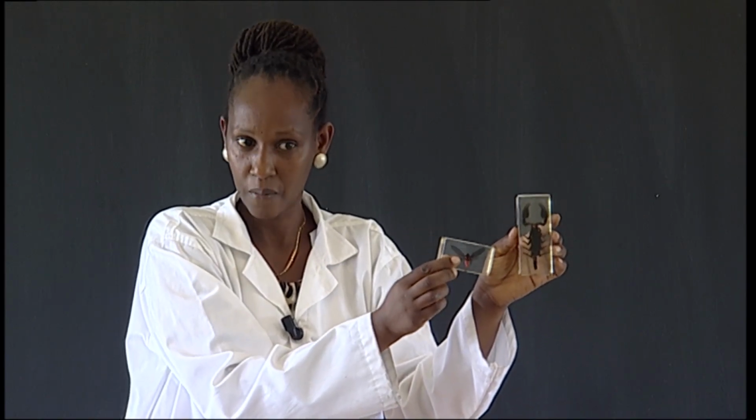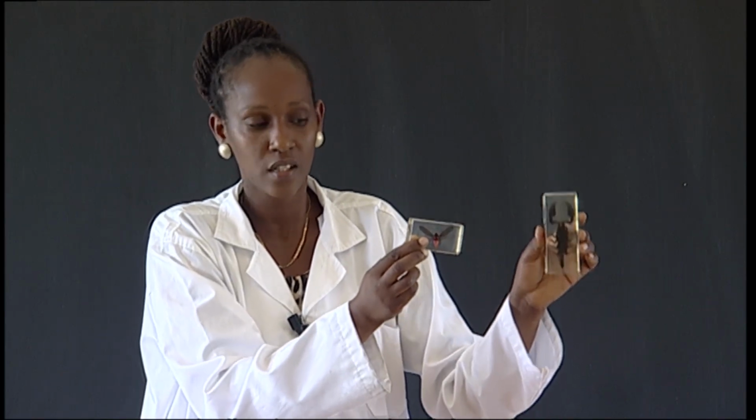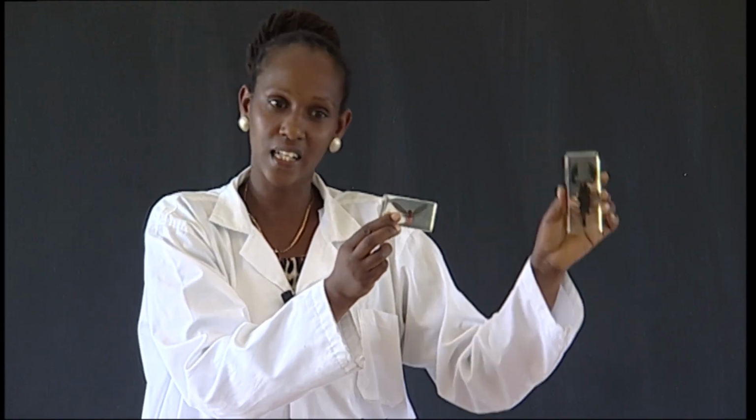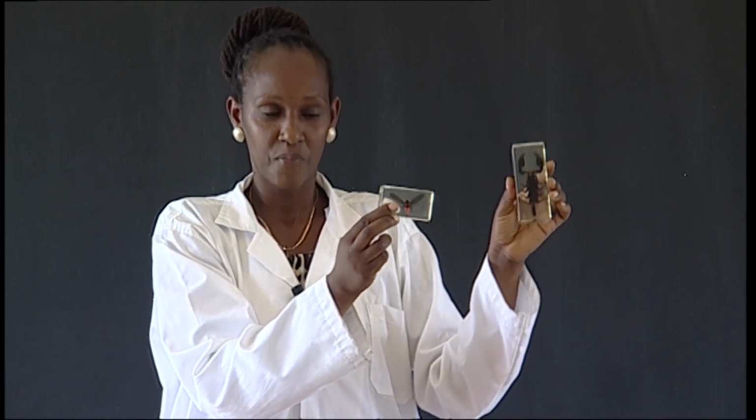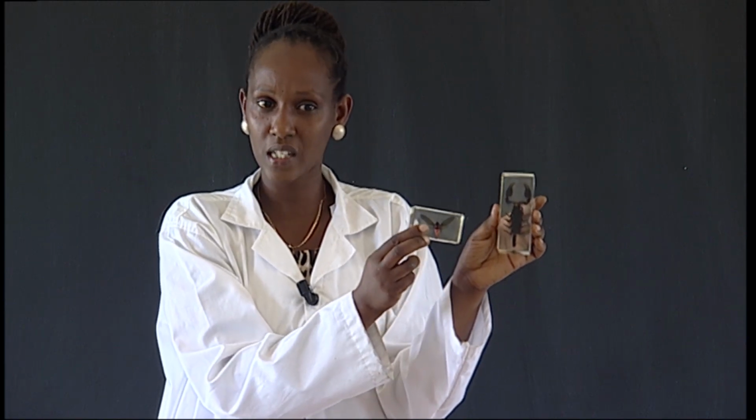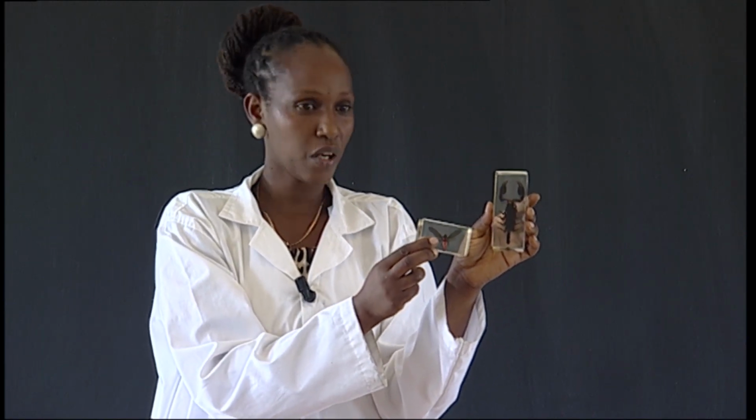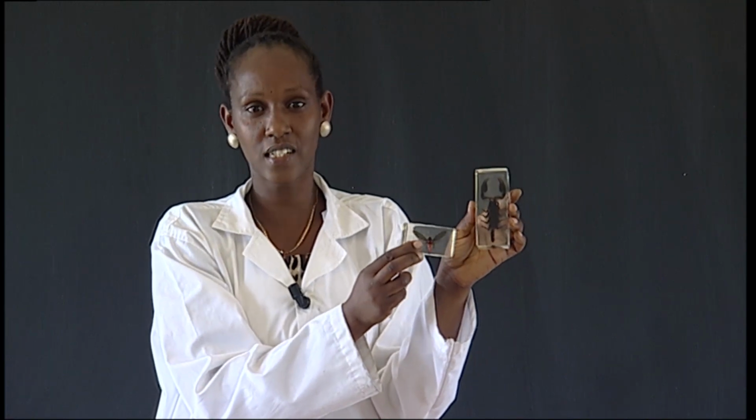So if you are to differentiate arachnida from insect, you talk of the wings, you talk of the antenna. Insects have antenna, arachnida don't possess antenna. Insects have wings, arachnida don't have wings. Is it clear to everybody here? Any question, you ask.